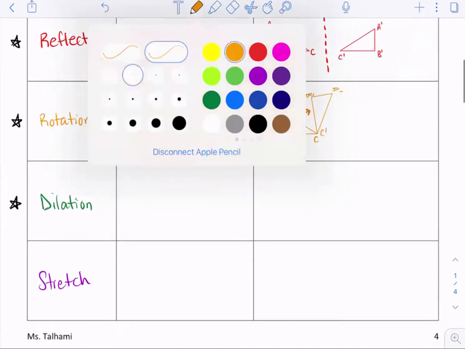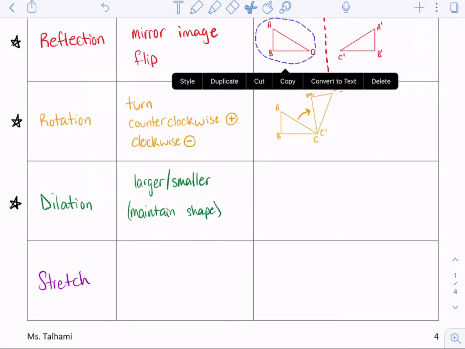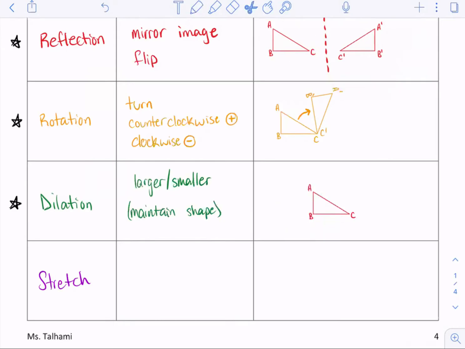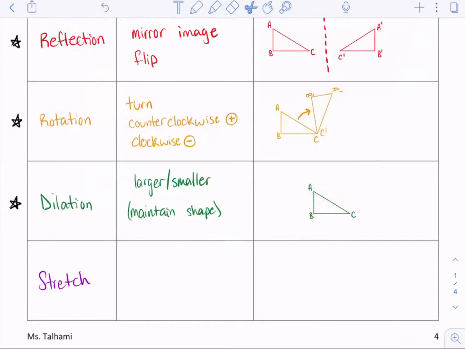And then the last transformation I'd like to discuss is a dilation. This is where you make the image larger or smaller. Okay, but you maintain the shape. So again, we're going to start with that same triangle. Now if I want to dilate it, I can, oops, hold on.